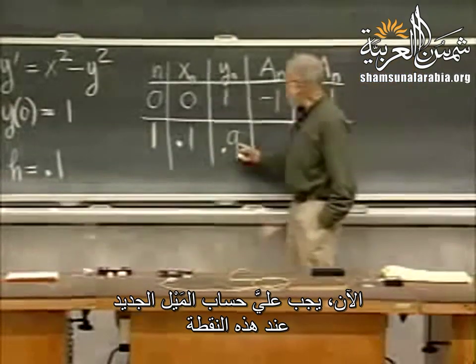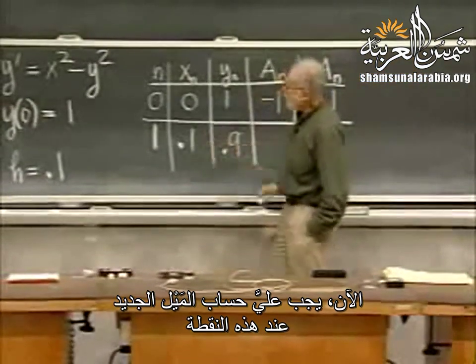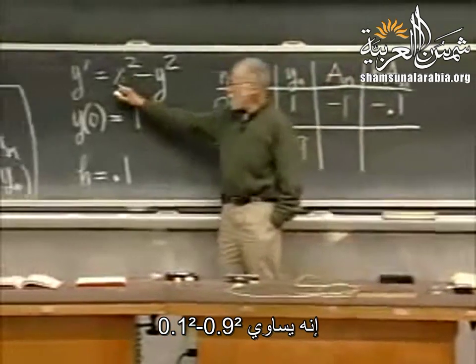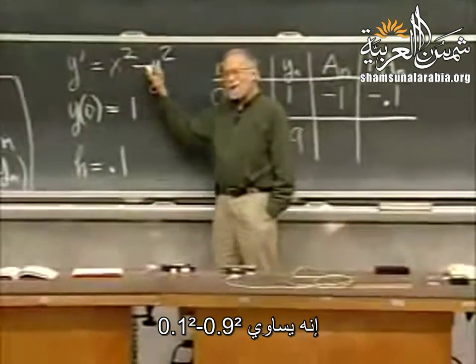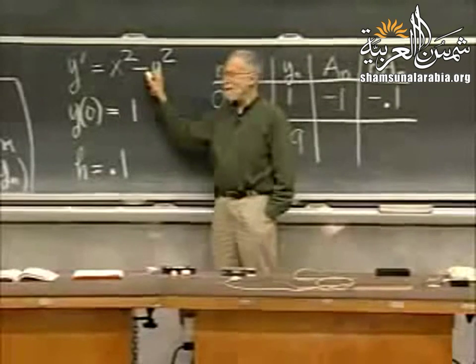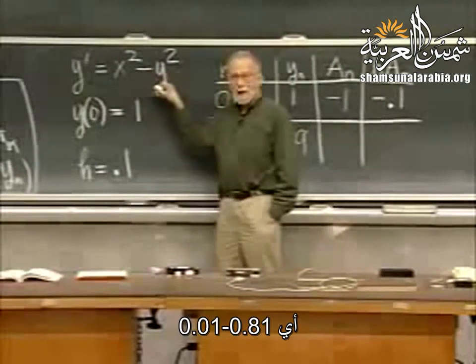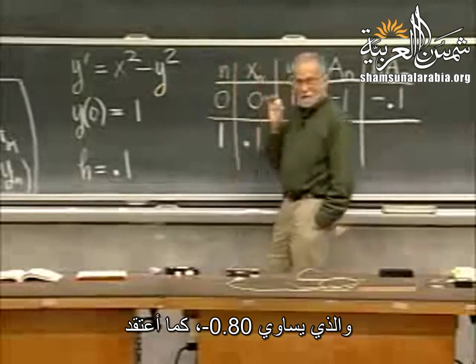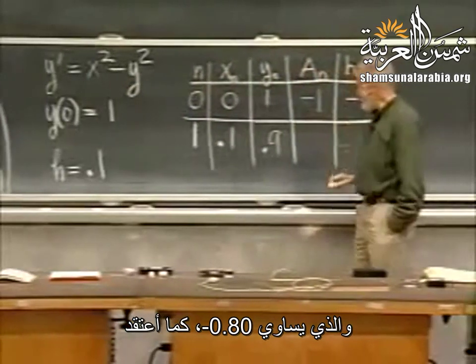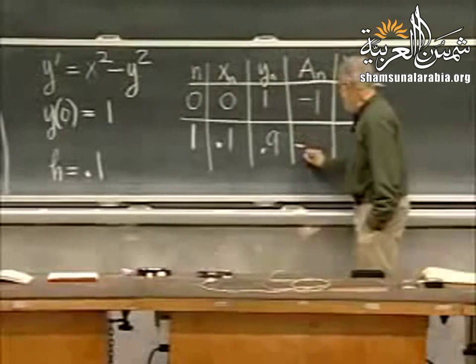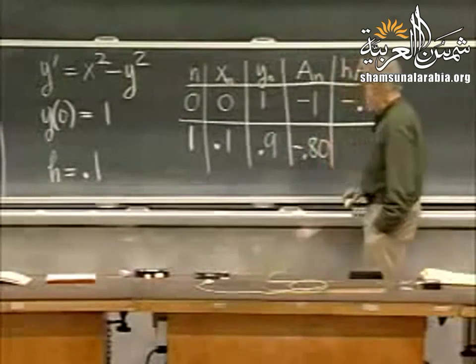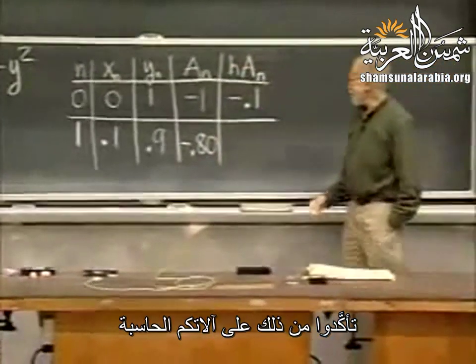AN, now I have to calculate the new slope at this point. Okay, that is 1/10 squared minus 9/10 squared. Gulp. That's 0.01 minus 0.81, which makes minus 0.80, I hope. Check it on your calculators.